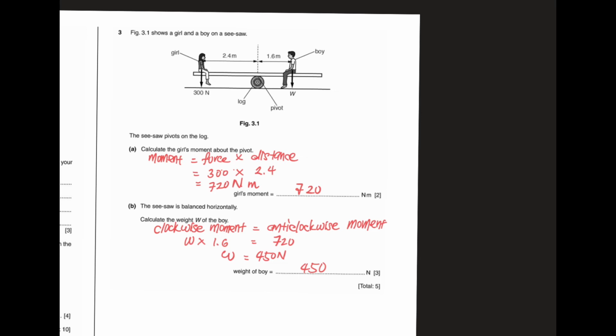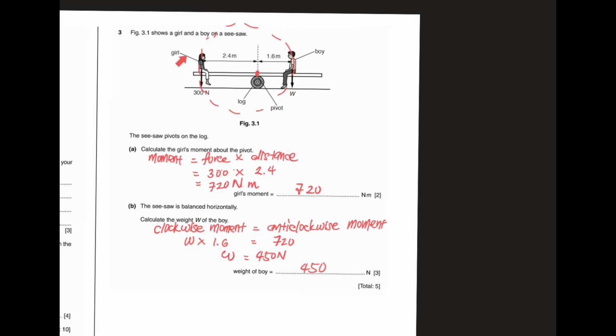How do you know that the girl is anti-clockwise and the boy is clockwise? The way is you take the pivot as the center. Then imagine this is like a clock. So the weight is acting down in this direction, and this direction, imagine, is like clockwise.